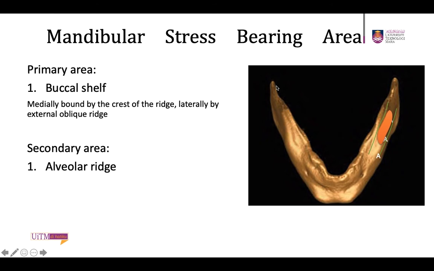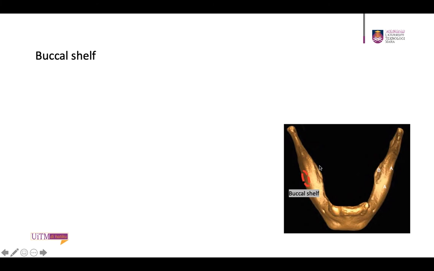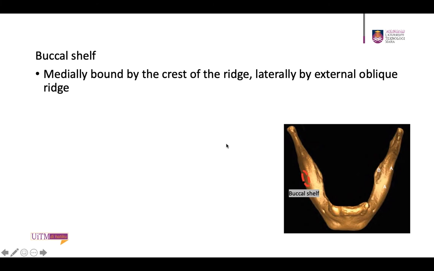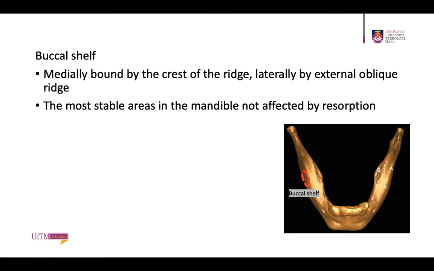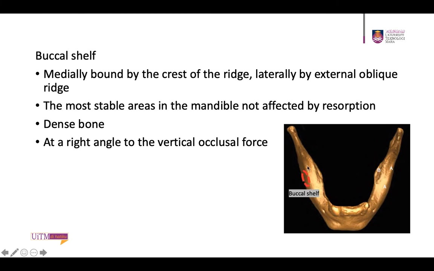And the secondary area for the mandible is the alveolar ridge. The buccal shelf is the most stable area in the mandible, and it is not affected by bony resorption. If you look closely and if you palpate this area, it is actually at a right angle to the vertical occlusal force.